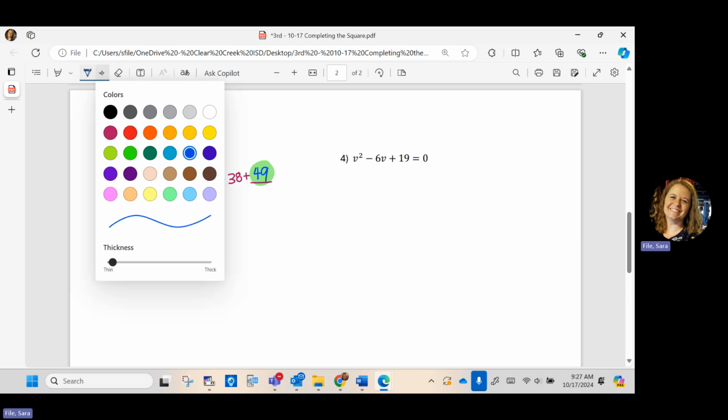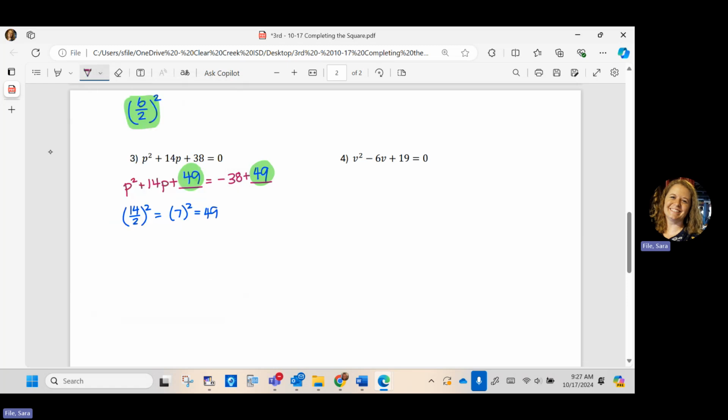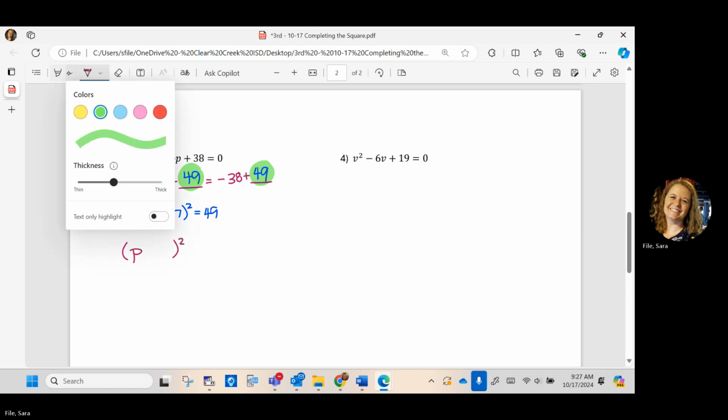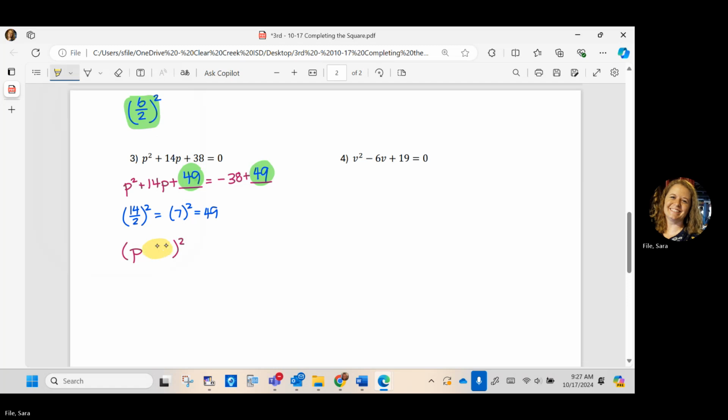So I've created this perfect square trinomial on the left that's going to factor to P what? What's going to go here? Yeah, it's the half of B. It's before we squared it. It's just the B over 2.